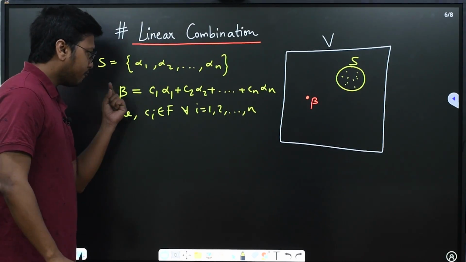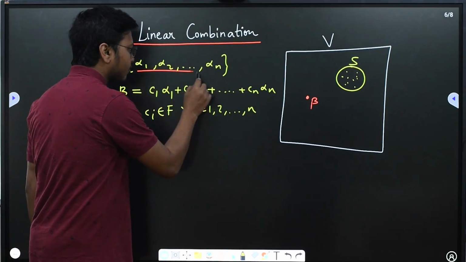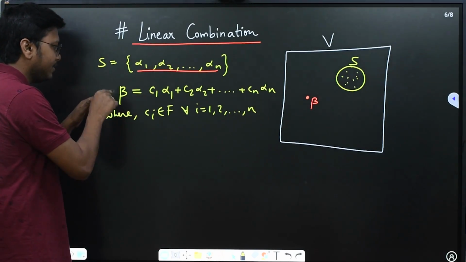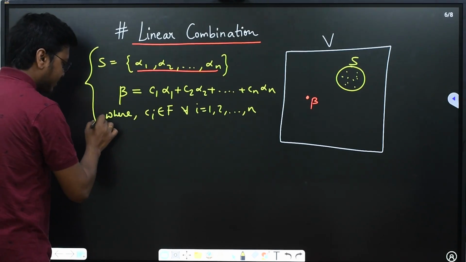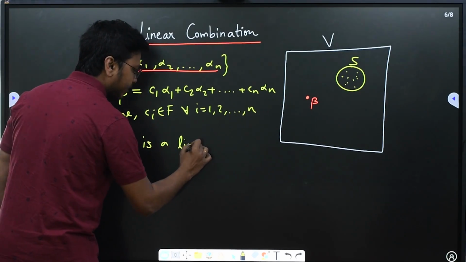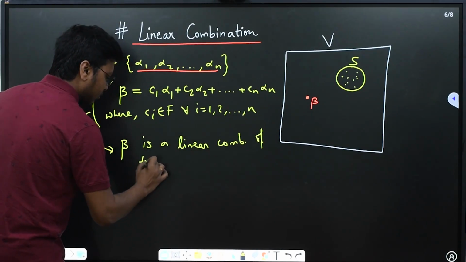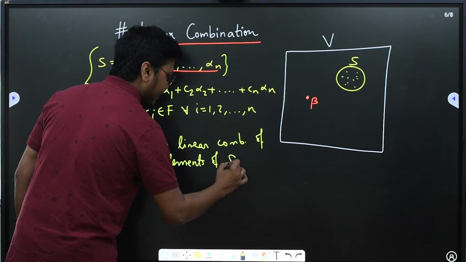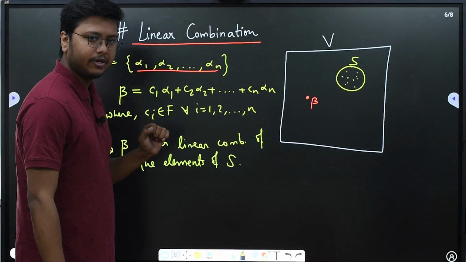Okay, so if beta can be expressed as a linear combination of the elements of the set that I have chosen, then I will say that beta is a linear combination of the elements of S. Okay, so this is the definition and concept of linear combination.